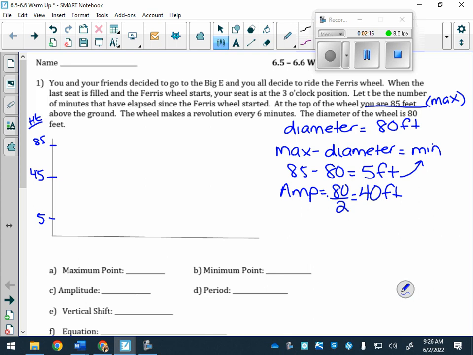All right, I'm just jotting down some information. 40 plus 5 gives the 45. Okay, what else do we know? Or the max minus amplitude. Yeah, Kip.